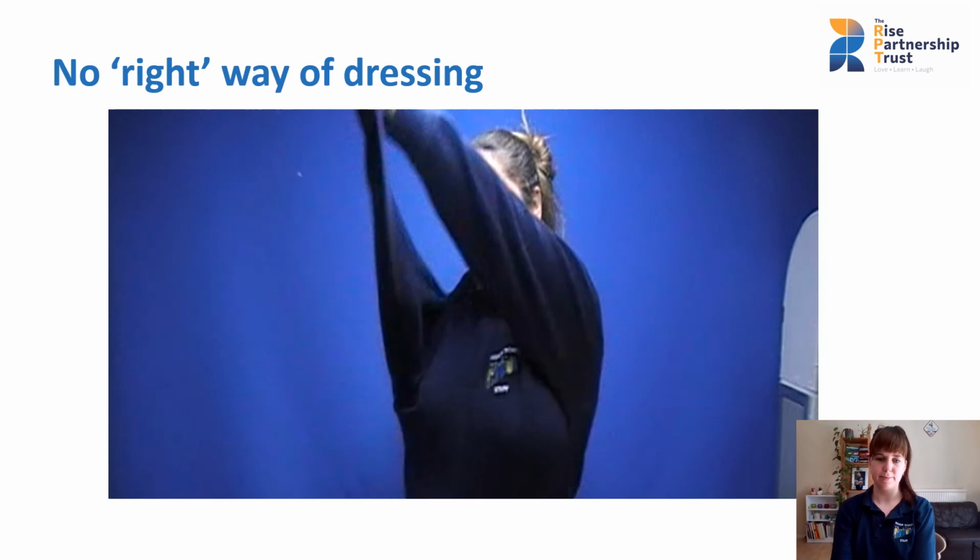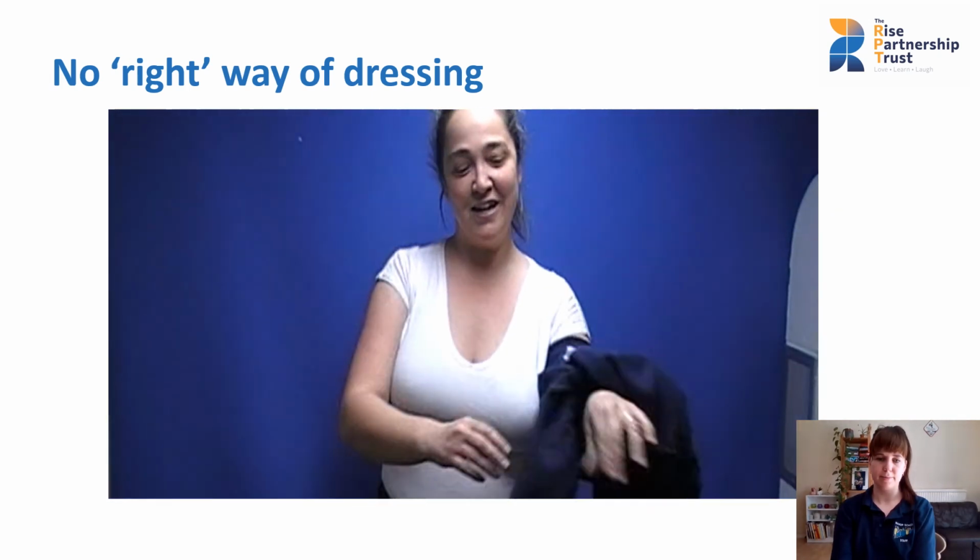Removing one arm from the jumper first can make it easier for the child to take the jumper off.